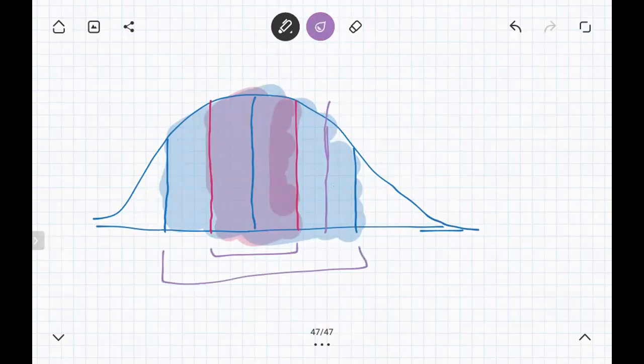When you move your significance level down, you broaden your boundaries. You make the rejection area smaller and you accept more hypotheses.